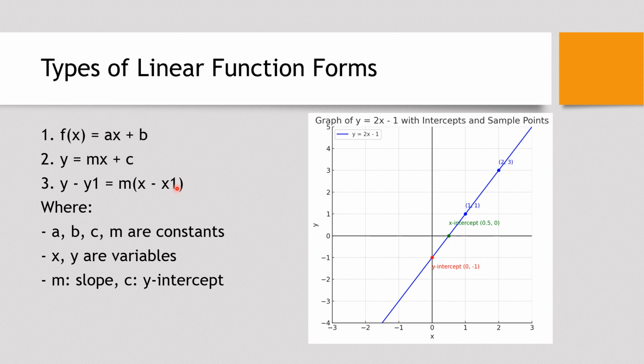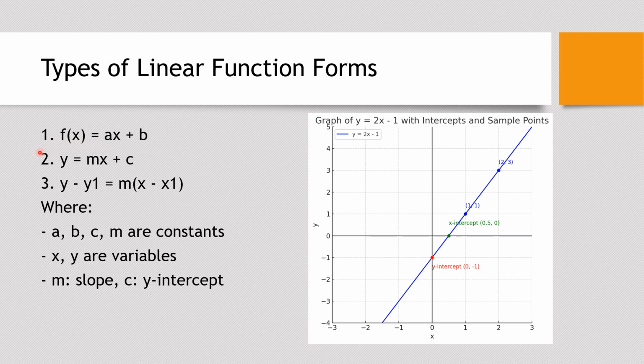Let's move to the next subtopic here. We have the types of linear function forms. So, what are the types and what are the ways of presenting a linear function? Look at number 1 here. A linear function is presented in the form f of x equal to ax plus b.